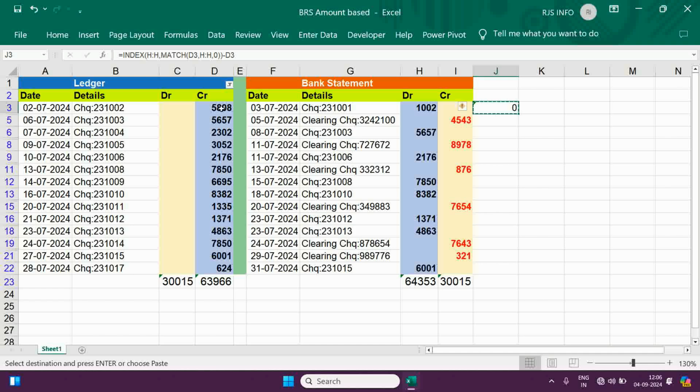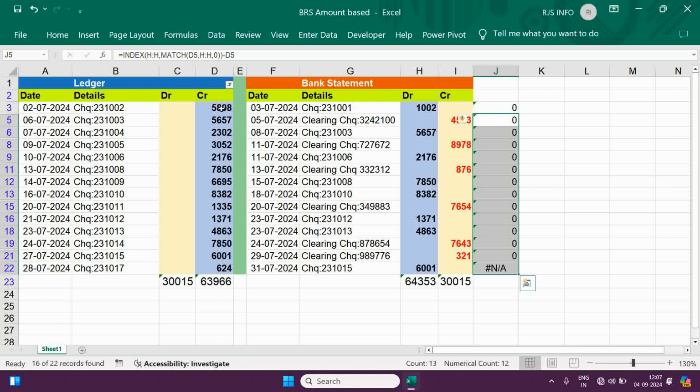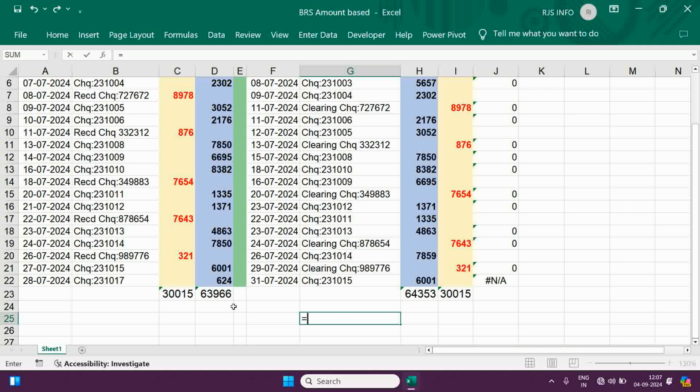Just copy this one. At this point only 624 is not encashed. Ledger balance minus statement. So there is a difference of minus 387. It means the bank amount is more and the ledger is less.